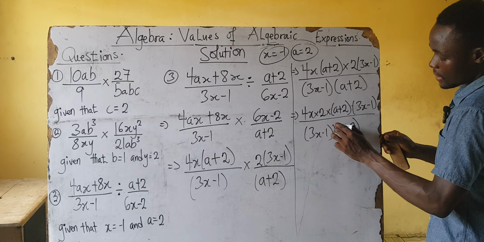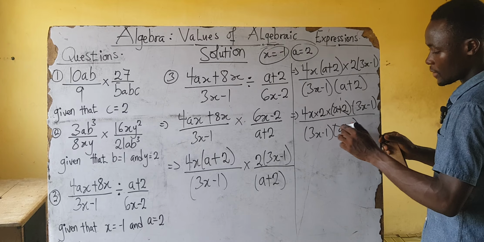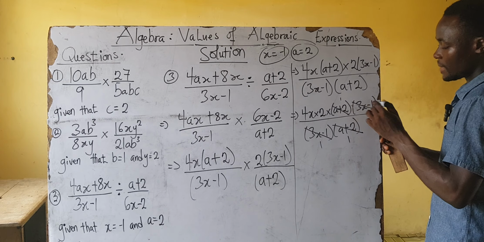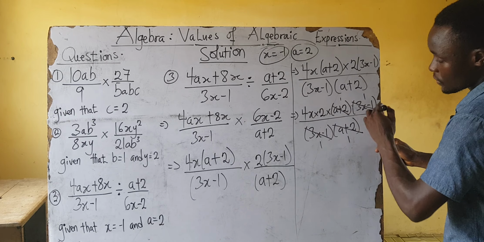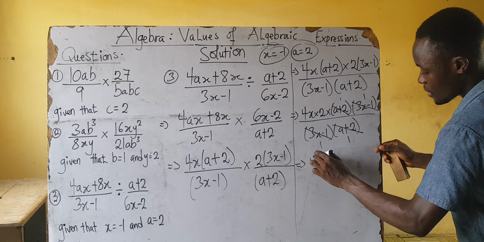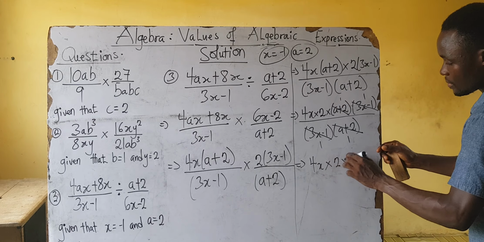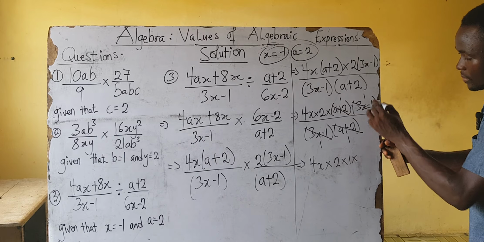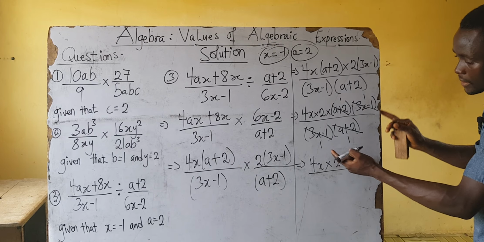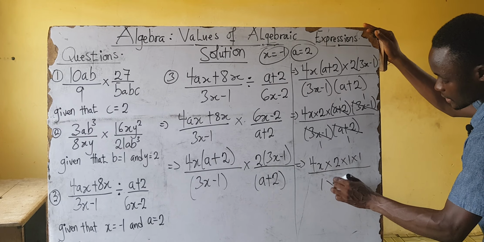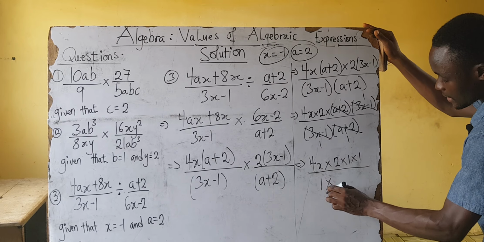So the a plus 2 can cancel the a plus 2, while 3x minus 1 can cancel this one also. So I now have 4x multiplying 2, multiplying here is left with 1, multiplying here is left with 1, all over here I have 1 multiplying 1. And I believe you are following the concept.